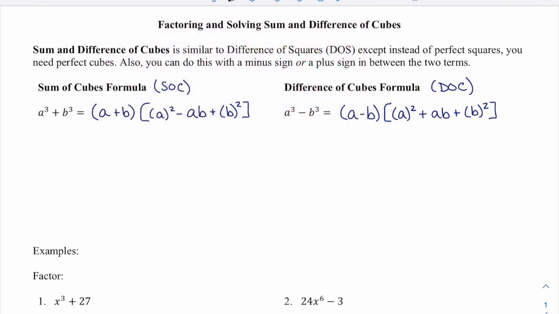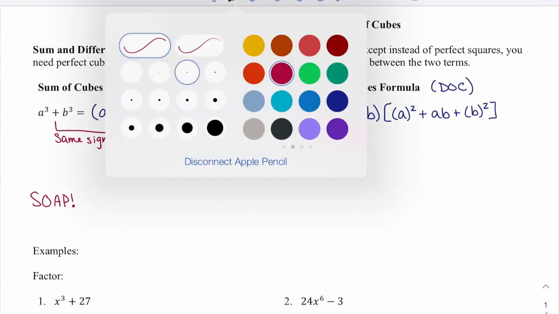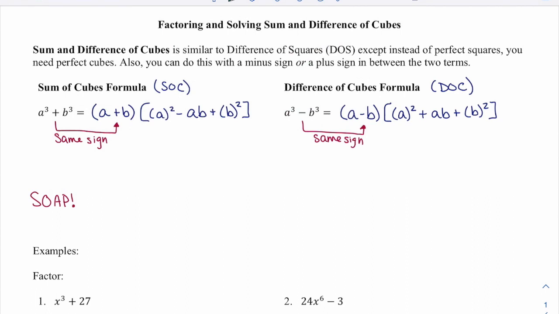And to remember the signs, we can follow the acronym SOAP. And what SOAP stands for is that the first sign is the same. So the sign from your original problem and the sign in the first factor are the same. The O stands for opposite. So the sign in our original problem and the first sign in our second factor are opposite signs.